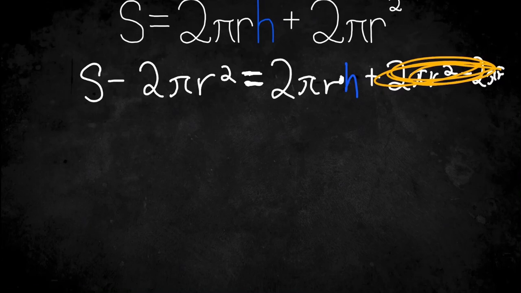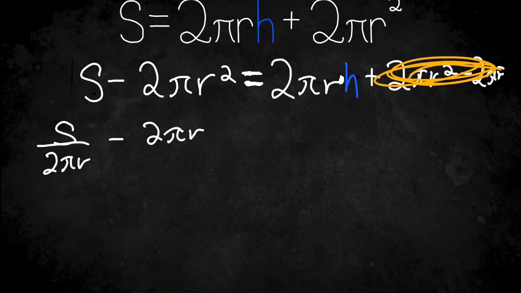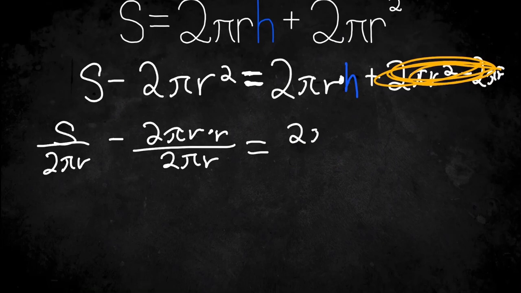So we have S over 2 pi r minus 2 pi r times r over 2 pi r equals 2 pi r h over 2 pi r.